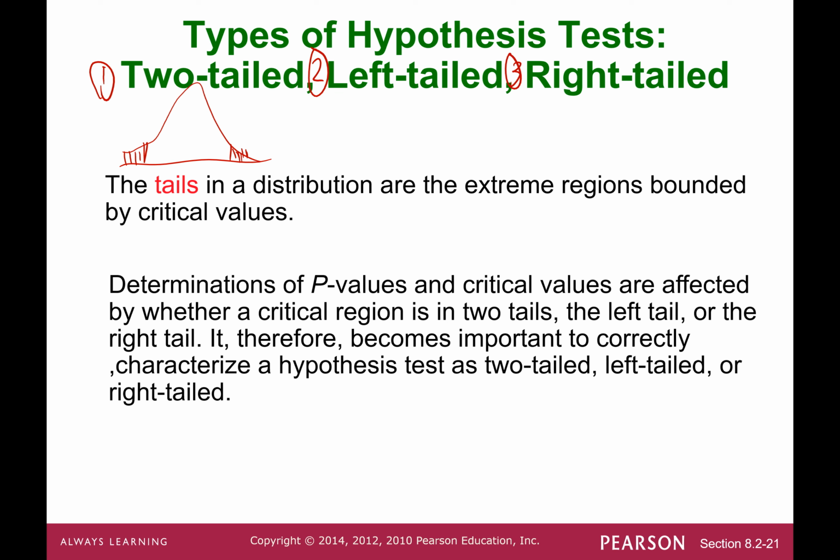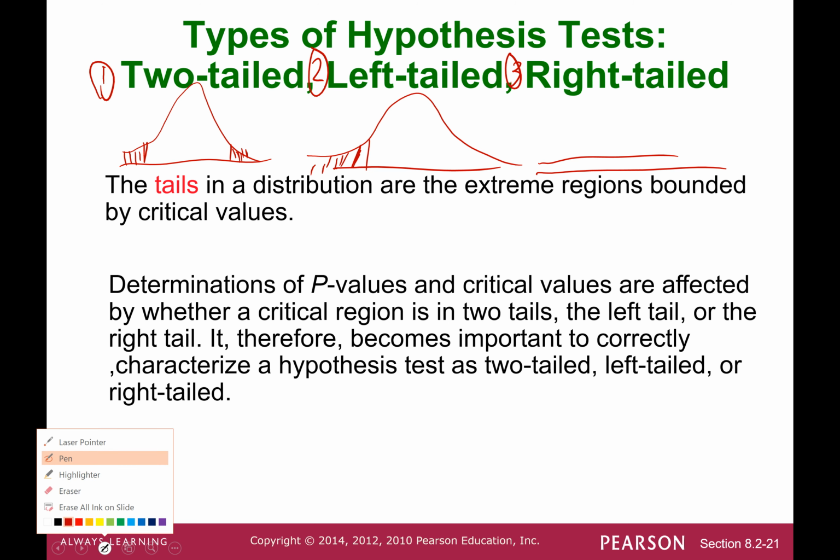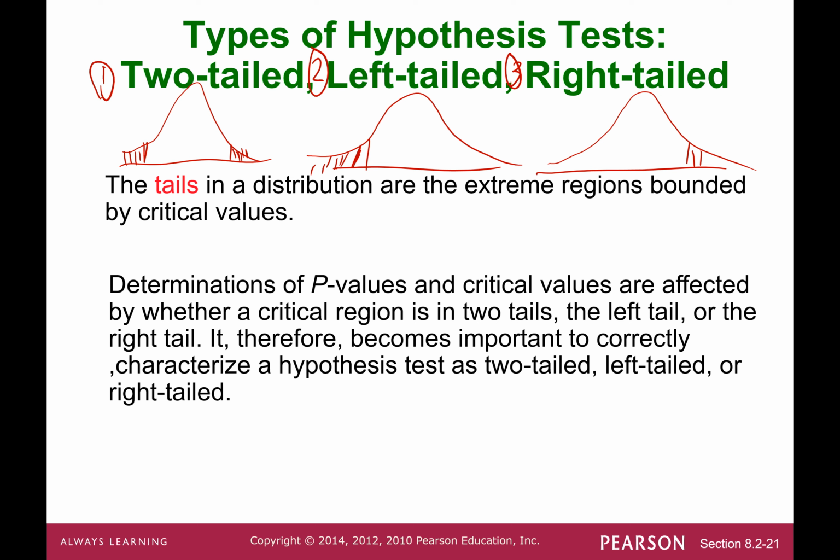Left tail means the critical region occurs only on the left tail, and right tail means the critical region occurs on the right tail. So the tails in the extreme regions are about critical values. Basically, that's what we call the extreme values.